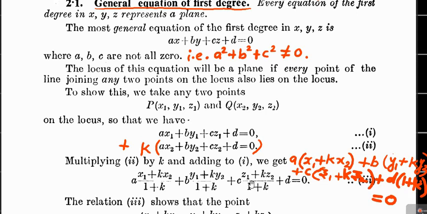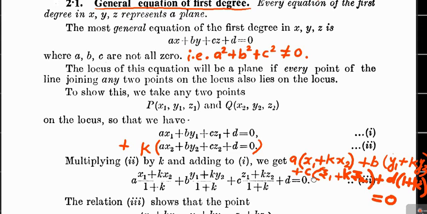And finally, the last term will be simply d into 1 plus k divided by 1 plus k, which is simply d, and the right hand side, 0 divided by 1 plus k, is simply 0.